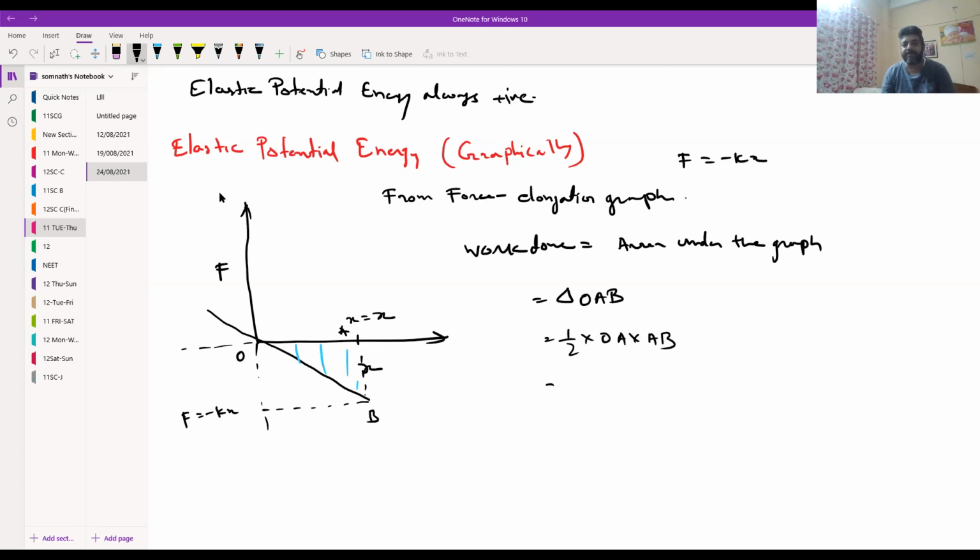Half base is x, AB is minus kx. So you have half kx square. This work done is the external work done. So potential energy is the negative of external work done.